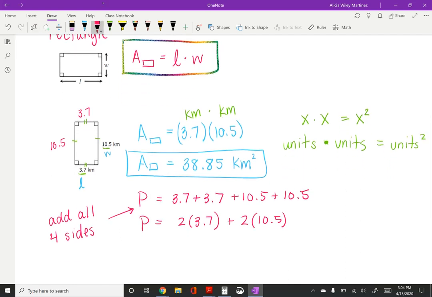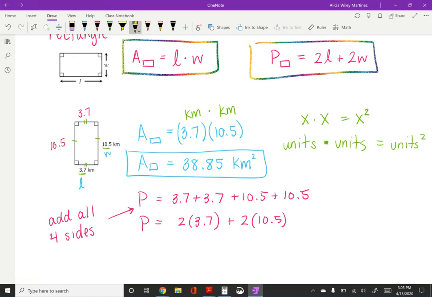Oftentimes the perimeter formula is given as perimeter is 2 times the length, or 2L, plus 2 times the width, 2W. So that is for perimeter. Or you can just add all four sides. It really doesn't matter which way you look at it.